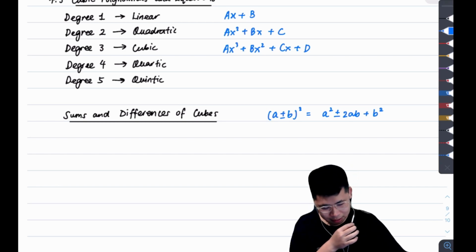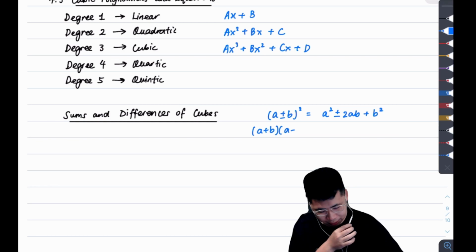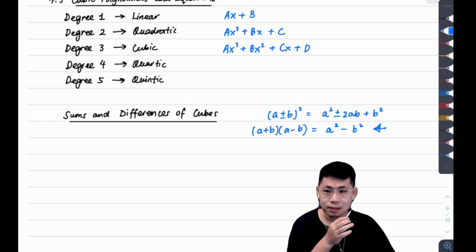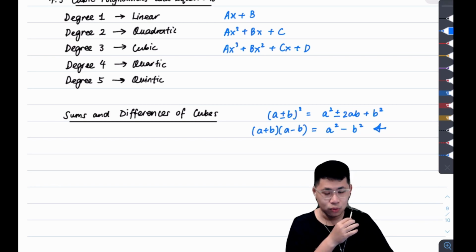And similarly we have a plus b times a minus b, which gives us a squared minus b squared. This one is known as the difference of two squares.